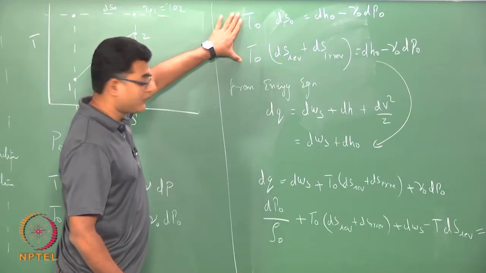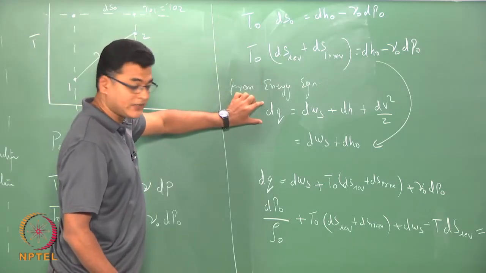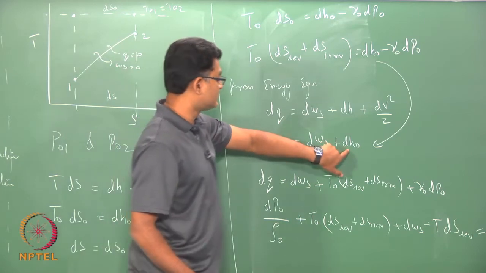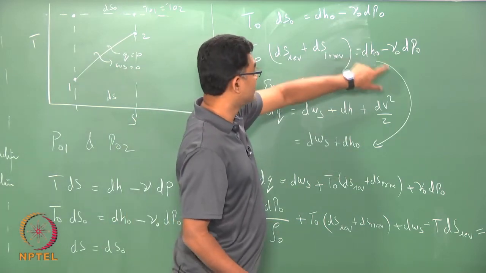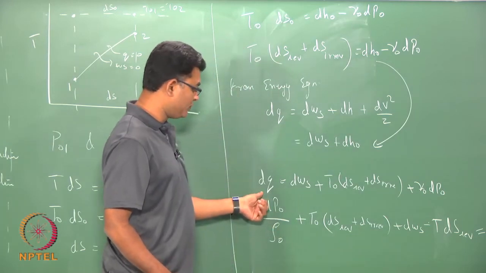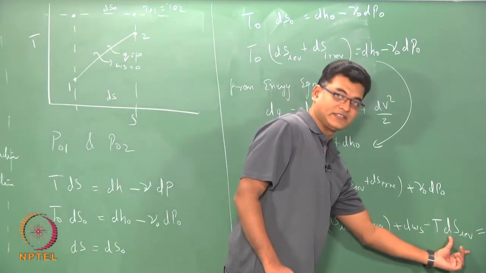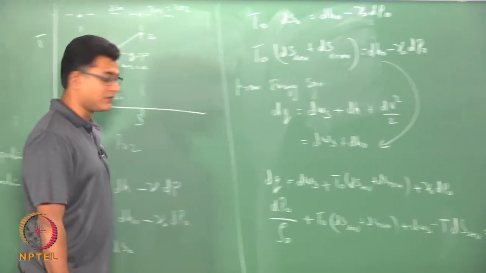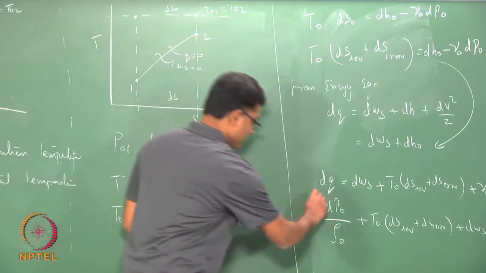So I have taken the Gibbs equation, I have taken the energy equation, substituted the stagnation enthalpy change from the Gibbs equation into this, and I have replaced dq with T ds reversible from the second law of thermodynamics. Okay, that's all I have done.